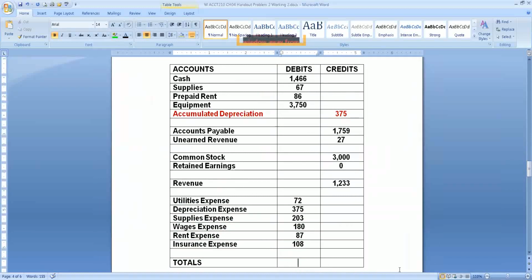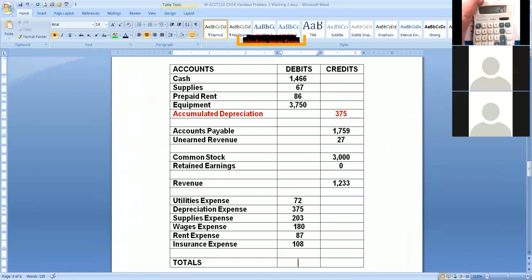So both these sides should equal if I did this correctly. All right, so $63.94.